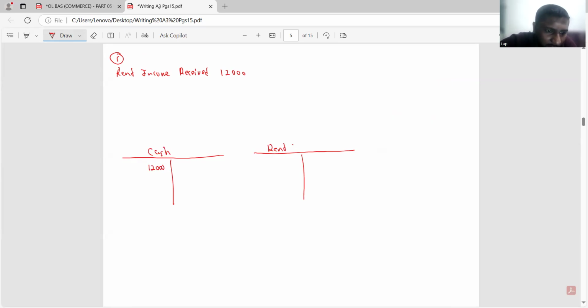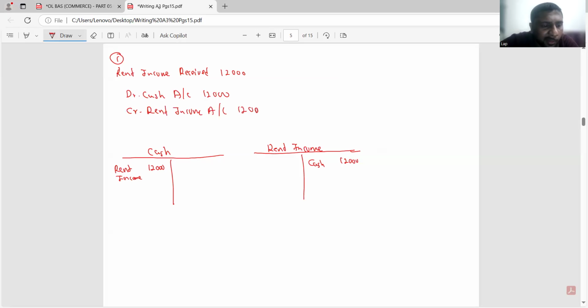Rent income account will be credited 12,000. Here you can write rent income, here you can write cash. So debit the cash account 12,000, credit the rent income account 12,000. I will give you time.